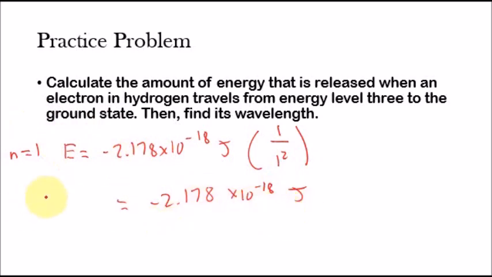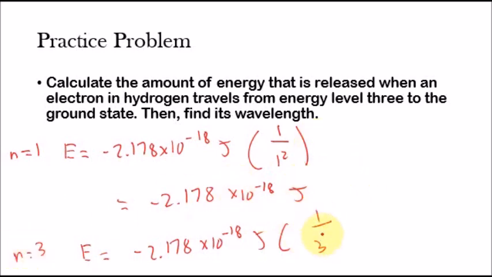Now let's see how much energy an electron in energy level 3 is going to have. So again, E equals negative 2.178 times 10 to the minus 18 joules, times 1 over 3 squared, since it's energy level 3, and 3 squared is just 9. So let's go ahead and calculate this using a calculator.